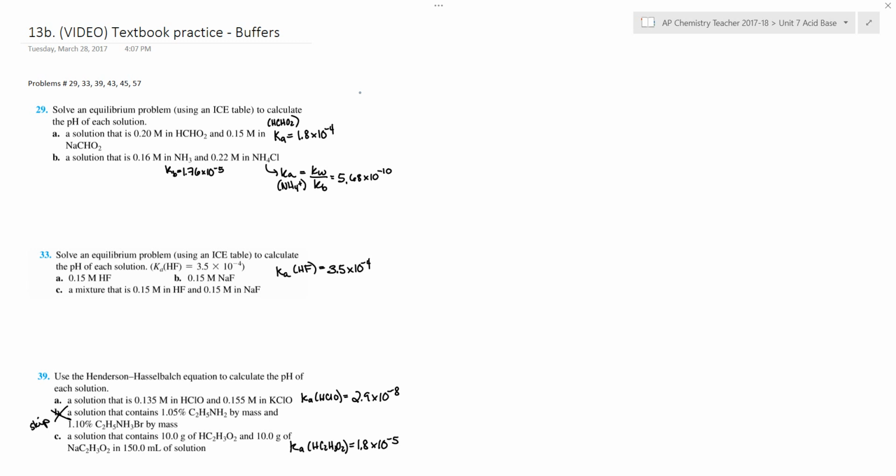So we're trying to find the pH of a solution, and we'll notice all these solutions are buffer solutions, which the name of the homework may have given away. The way that you recognize that you have a buffer is when you have a weak acid and its conjugate base.